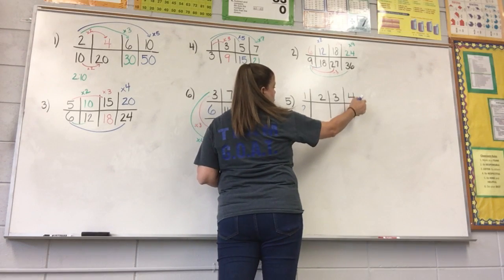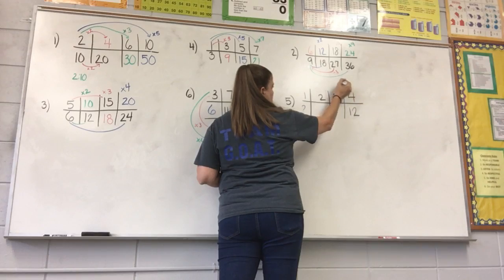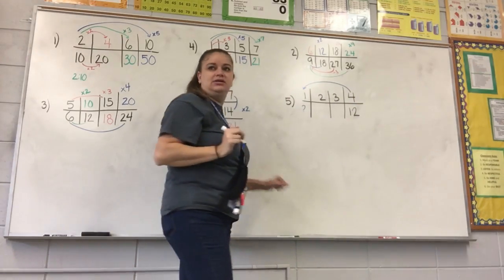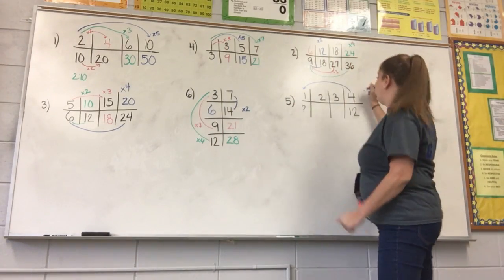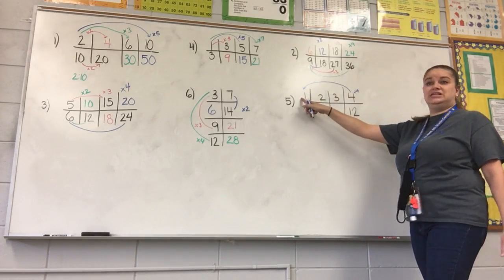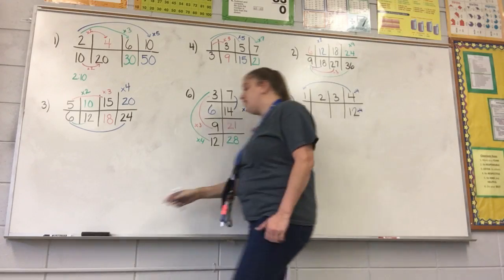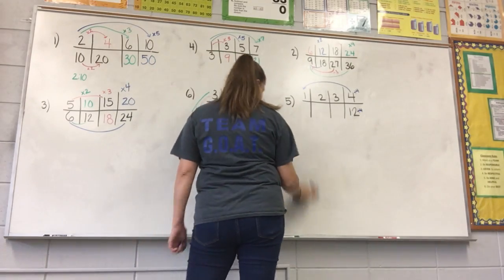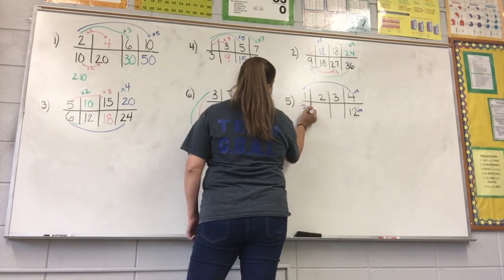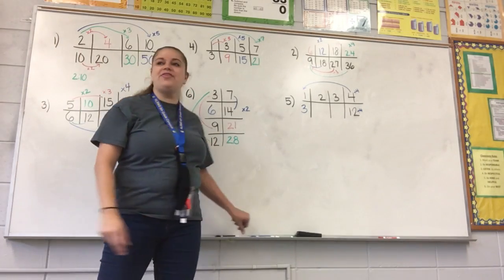So, we have 4 to 12, correct? What did they do to this 4 to get 1? They divided. What did they divide by? 4. 4 divided by 4 is 1. So, I'm going to do 12 divided by 4, and that's going to give me this front thing. So, what is 12 divided by 4? 3. Okay. Now see if you can figure out the other two.